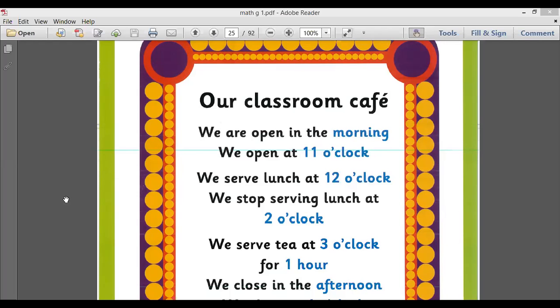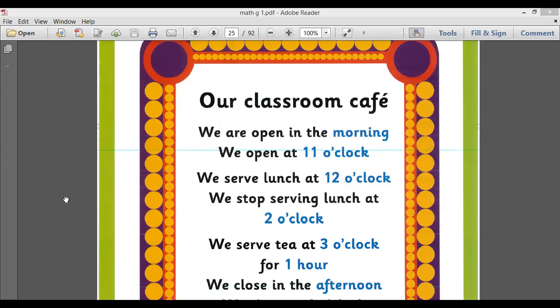We stop serving lunch at 2 o'clock. Those who come from 12 to 2 have 2 hours to have lunch.